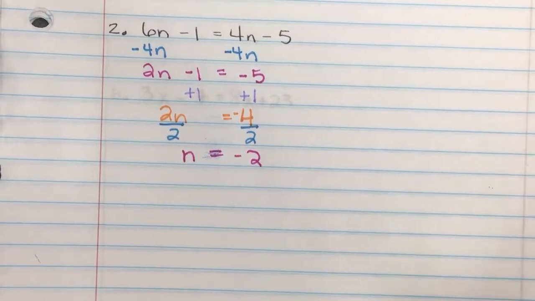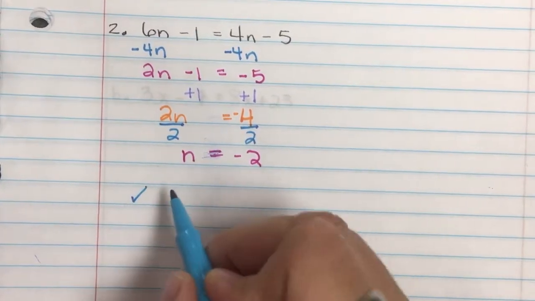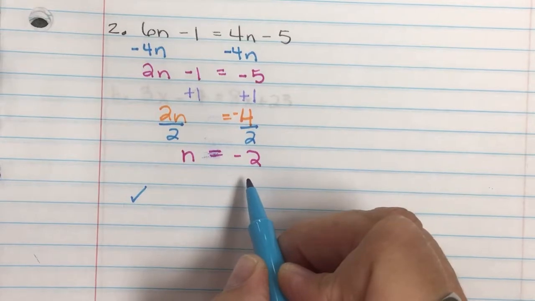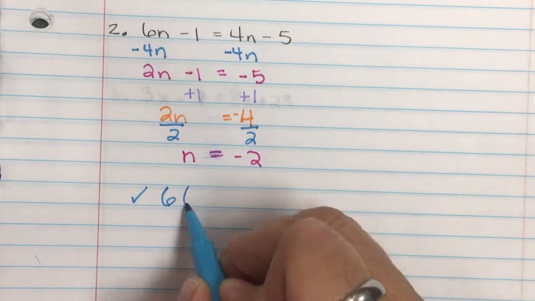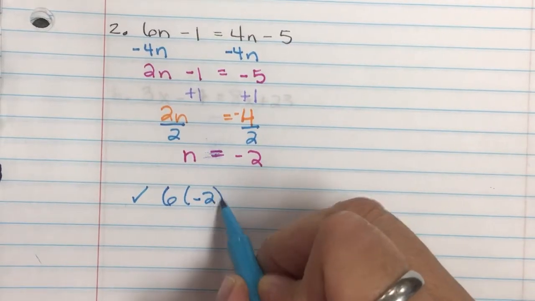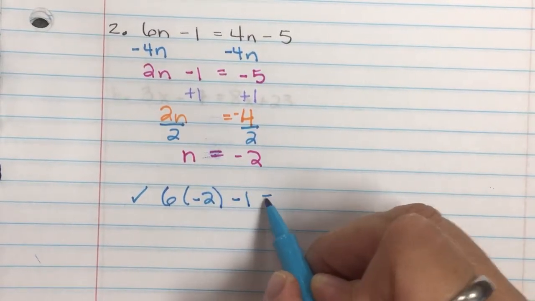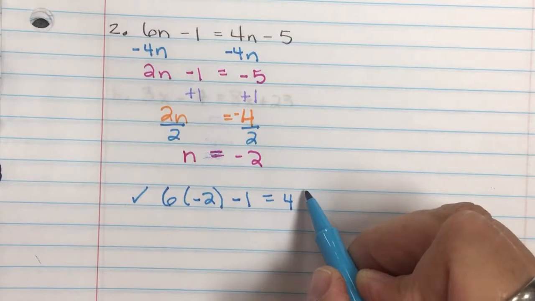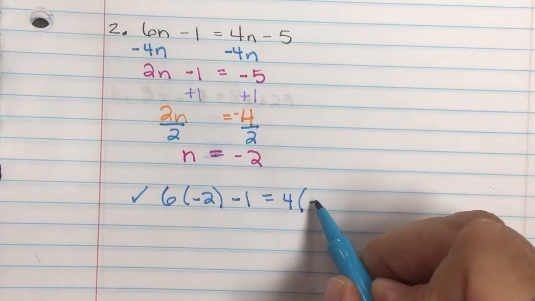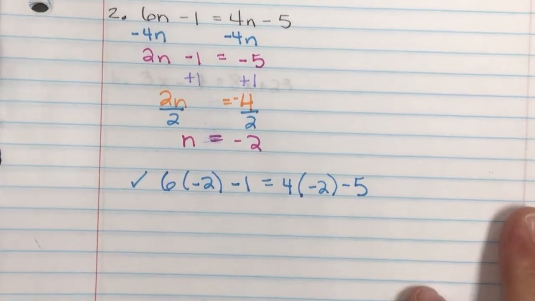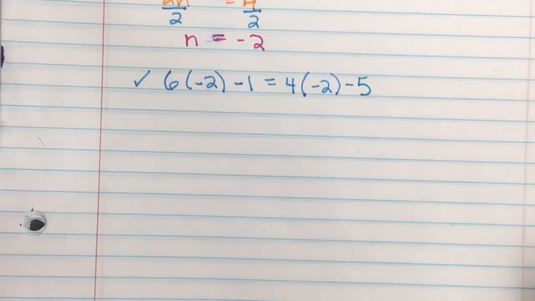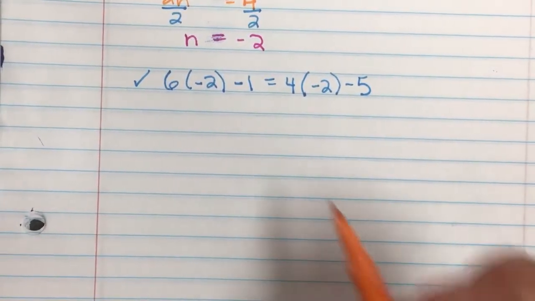Using the exact same equation I had at the very beginning, I'm going to plug in the negative 2, or the other word, substitute. 6, I substitute in the negative 2, minus 1 equals 4, and again there's an n, so I need to substitute in the negative 2 minus 5. Now I don't need to look at the things above right now, just need to do this problem.